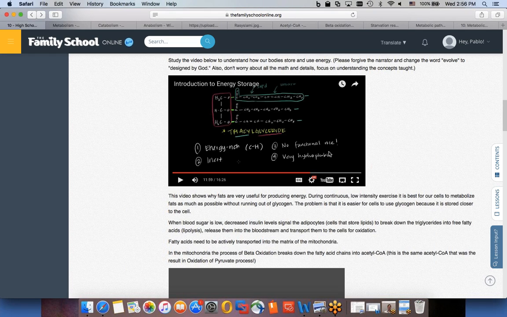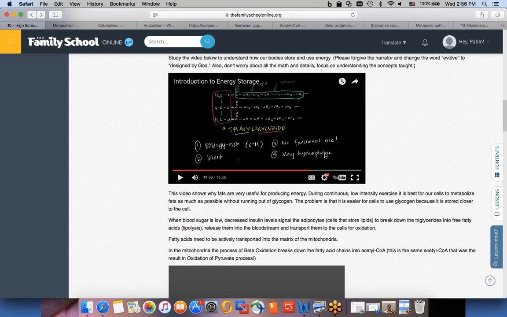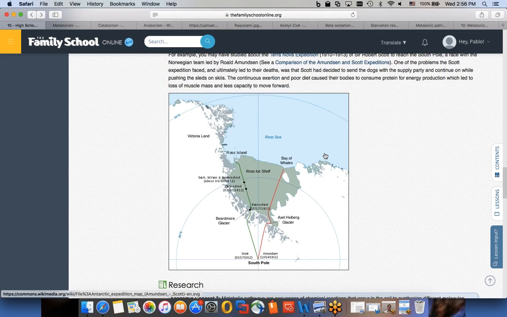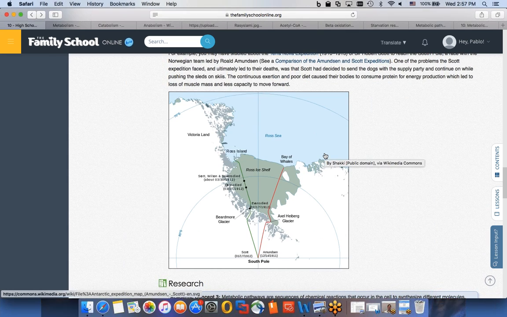Well, proteins have a huge functional role. They do everything, especially when you exercise, they are your muscle. So if the body starts eating at the muscle in order to give energy for the brain, it is going to get harder and harder to move. And that was what the Scott expedition was finding.